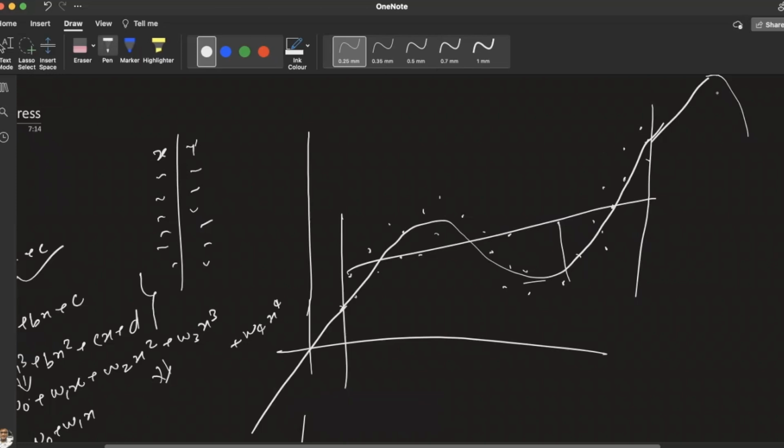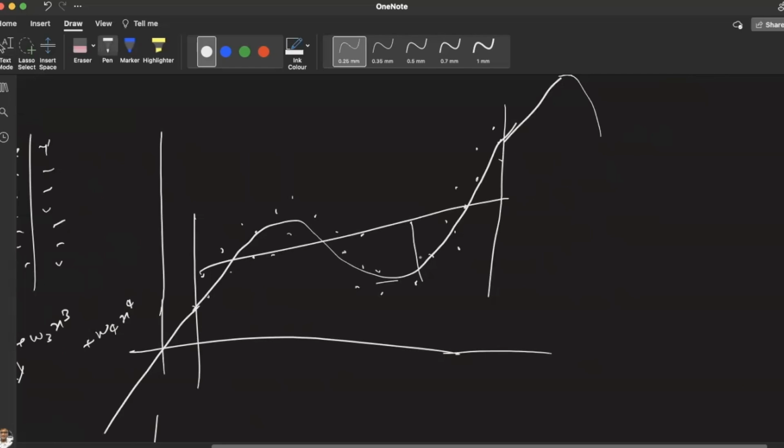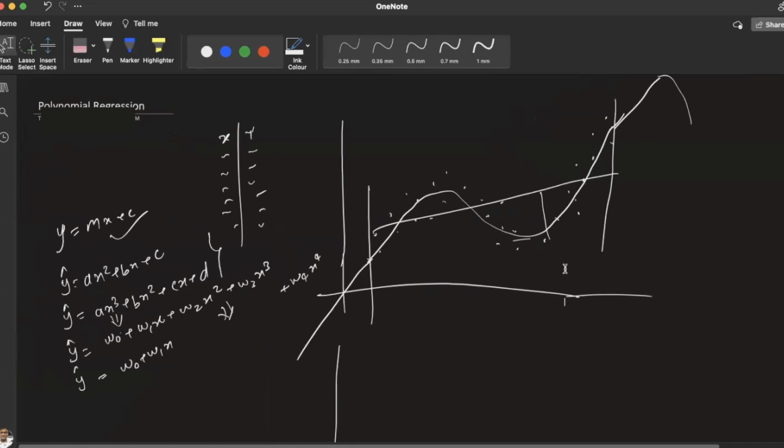If there are more, then we can also have 4, 5, 6 degree polynomials for this kind of data, because moving forward, it can also have some other twist and turn. We don't have anything to do with that as well, right? So we can fit this data with at least a 3-degree polynomial. A 3-degree polynomial will give you the best results. If you are fitting with a 2-degree polynomial, maybe it will fit like this, or maybe it will fit like this. That is not a good fit for our model.